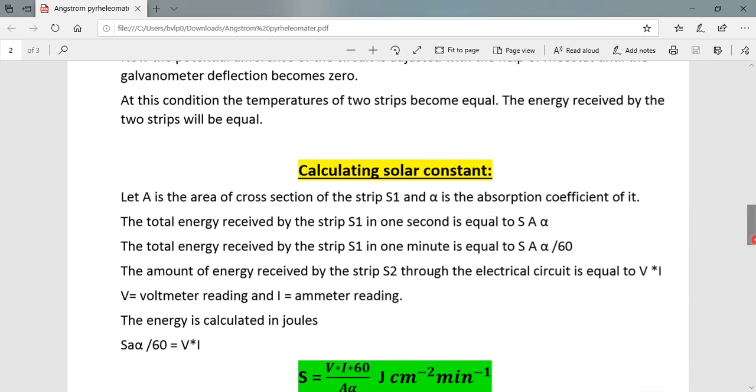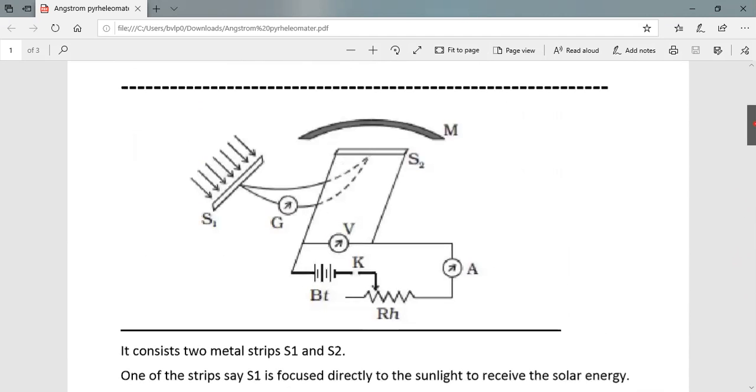Here we are using the metal strips. So these are the metal strips. And the area of the metal strip we denote with A. If this metal strip receives energy, the energy received by the unit area of the metal strip in 1 minute is equal to the solar constant.